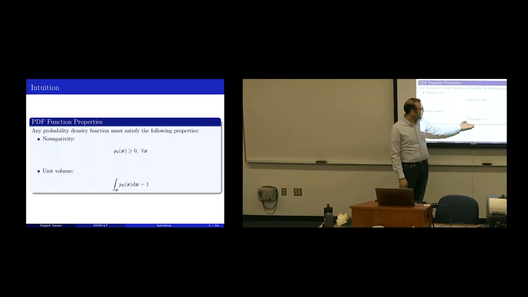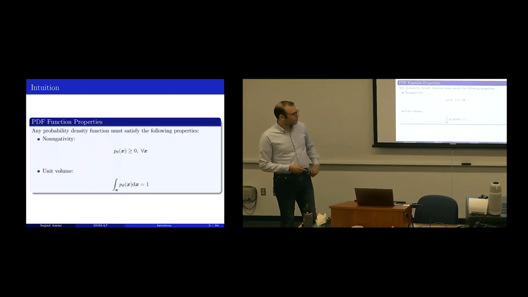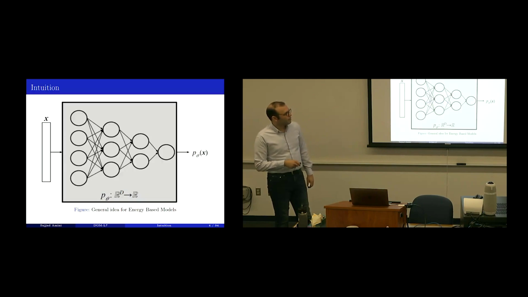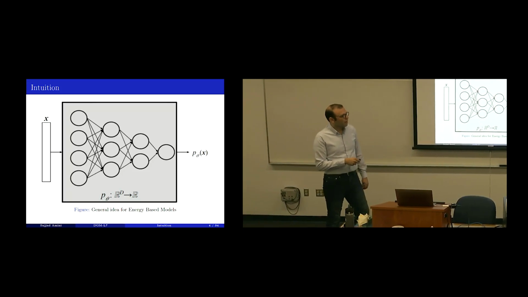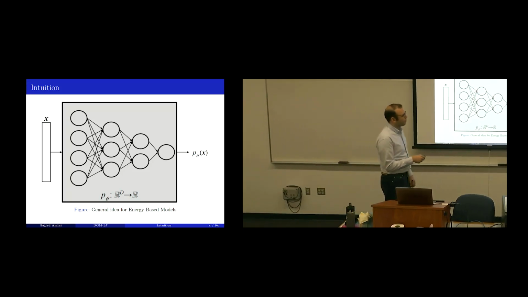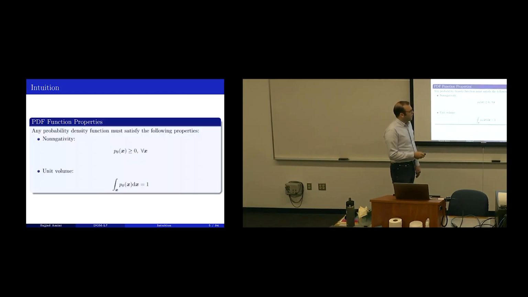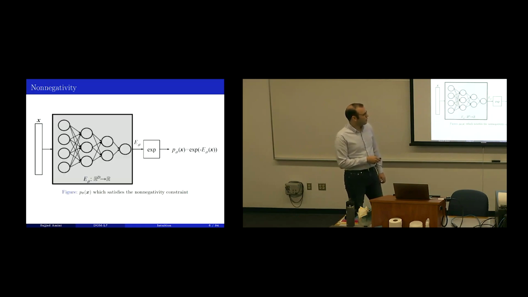It is the property imposed by the PDF. So it seems easy. Again, we can have these types of modeling with the fact that this p theta of X must be positive, and also the integral, the area under the curve for this manifold, must be equal to 1. Let's think how we can satisfy these two conditions.